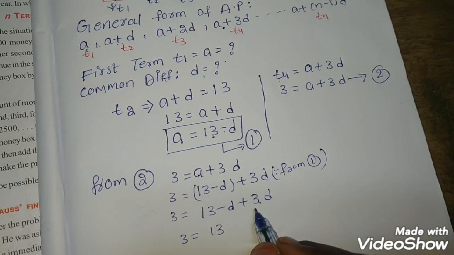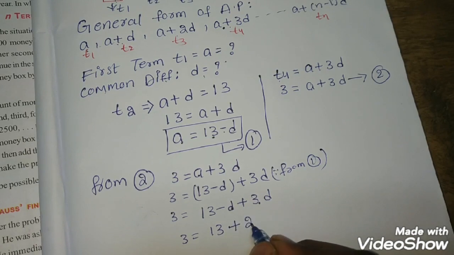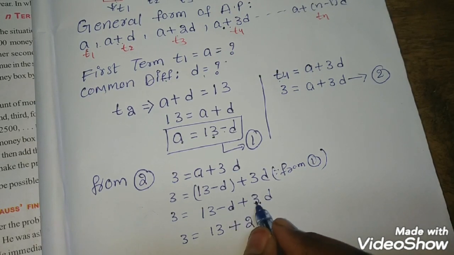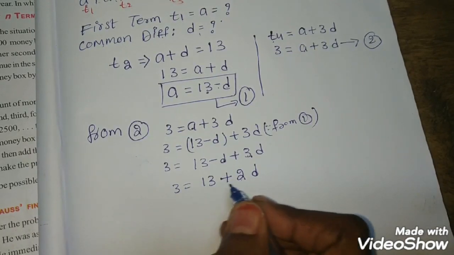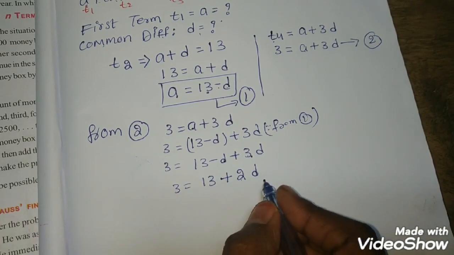What we get here? Think. So absolutely we can say plus 2D, because minus 1 plus 3, that is 2, and we have a D, so keep it as D. So what is our answer here? See, we need to find D, no?